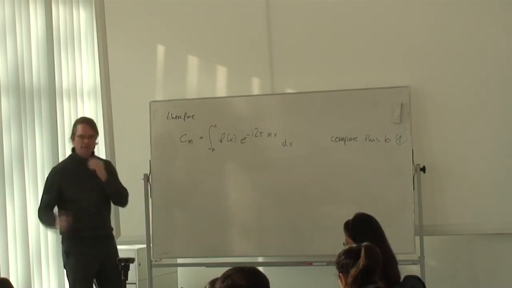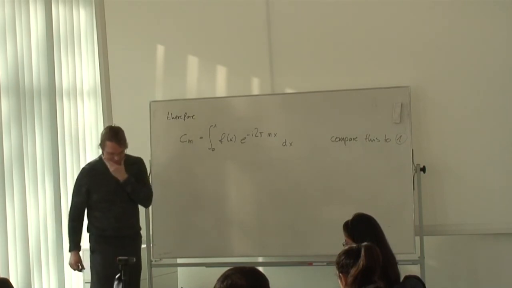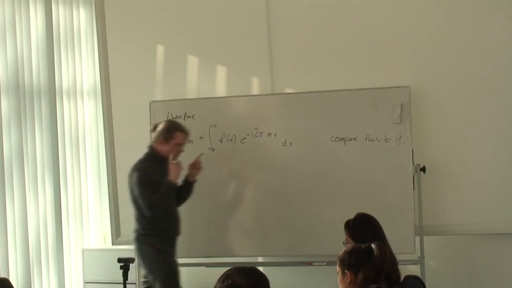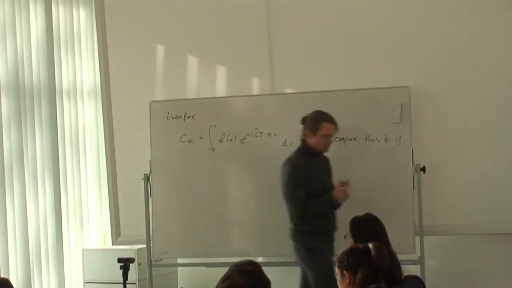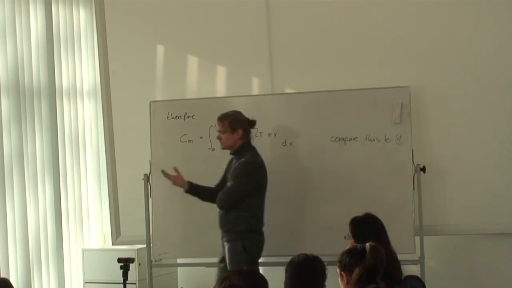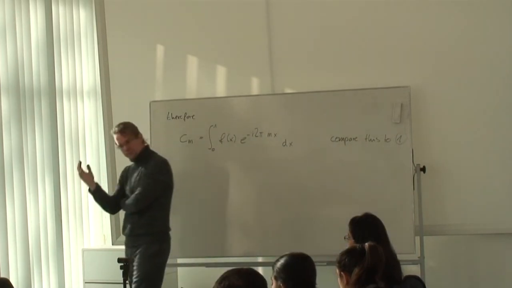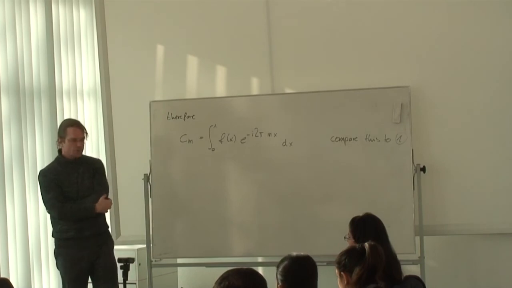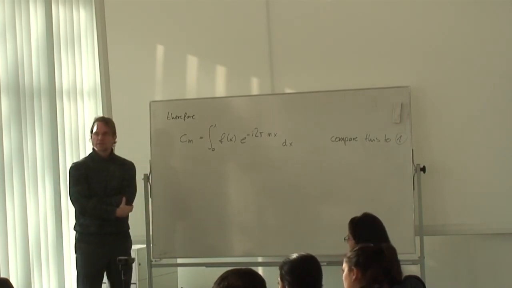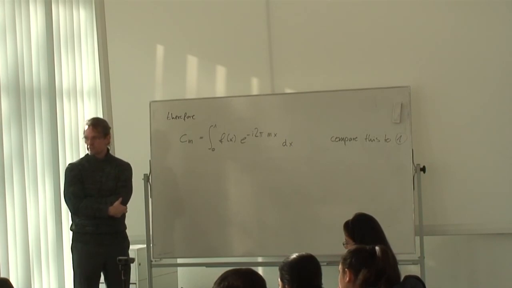We are not quite there yet, but we are getting there. What we have done to reach this point is that we have said, well, let us, for the sake of the argument, consider periodic functions, and let's consider fairly general periodic functions.